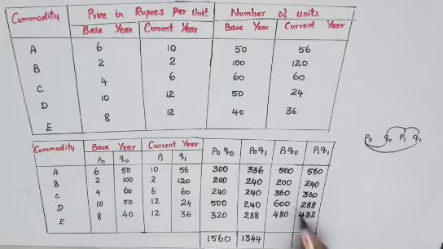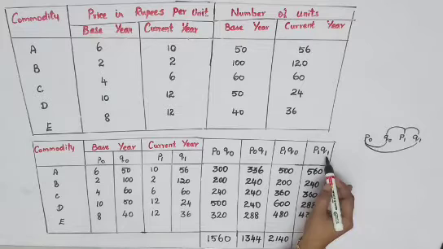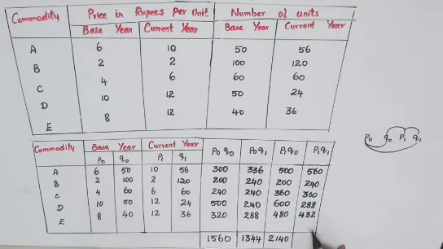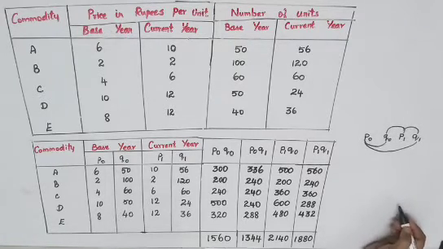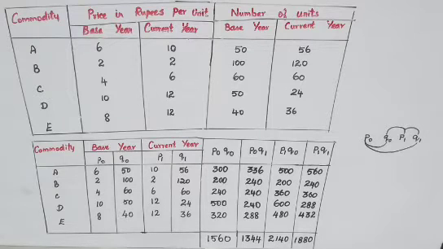The next one is the summation of P1 Q0, adding all these numbers you will get 2140. The last column, P1 Q1 summation, adding everything you will get 1880. Now I will write these values here in the rough column and keep it. You can all see this table itself and then proceed.